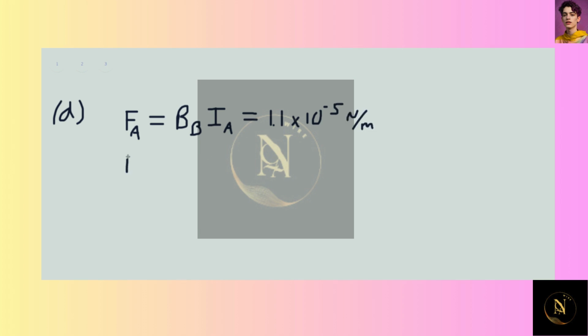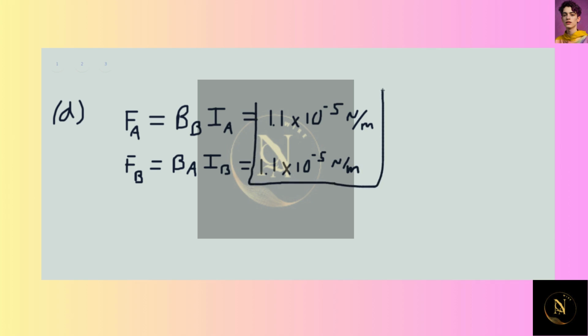Okay, F sub B is going to be equal to B sub A times I sub B. Okay, so plugging these values in, we find that this is also equal to 1.1 times 10 to the minus 5 newtons per meter, because again, it's force per unit length. So we can box both of those in as part of our solution to the question.